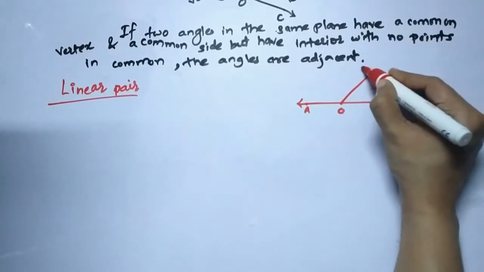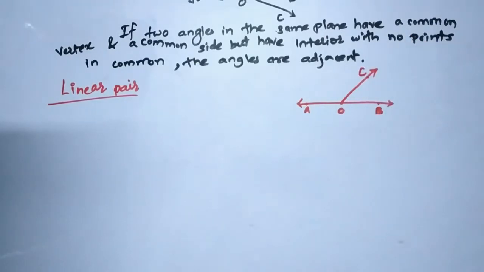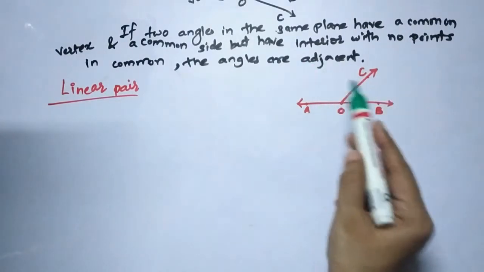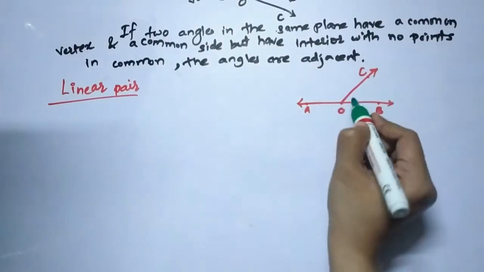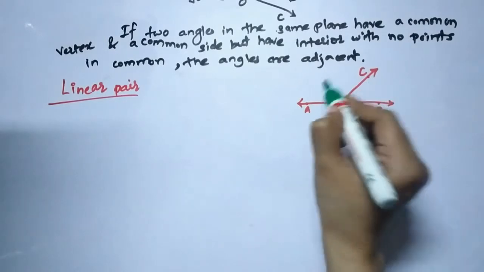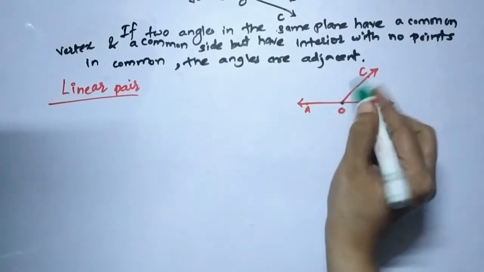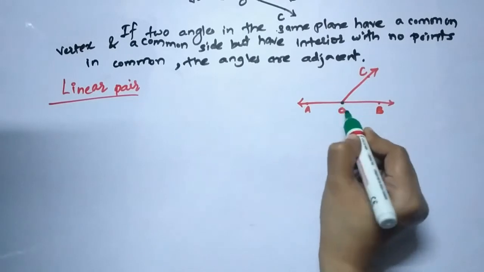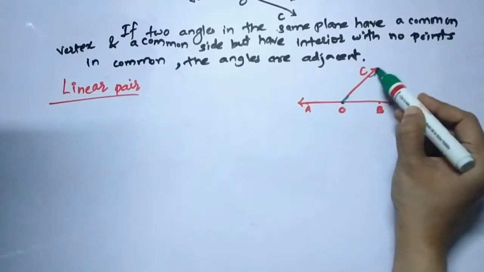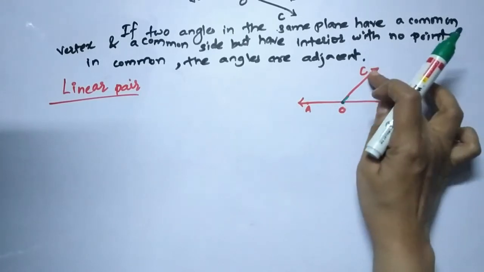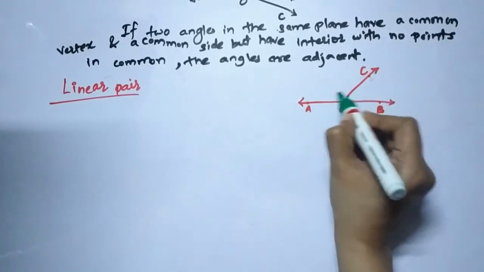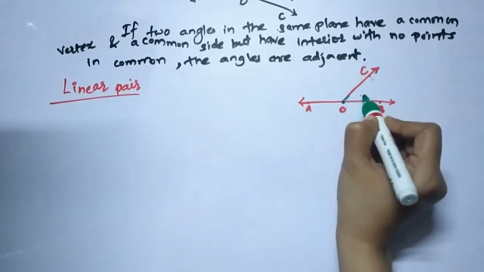So friends, you can see this is one example of adjacent angles. Adjacent angles are two angles which are placed in such a manner that they have one common vertex. So here they have one common vertex O, and they have one common arm here, OC. So you can see this angle and this angle, they are adjacent angles.